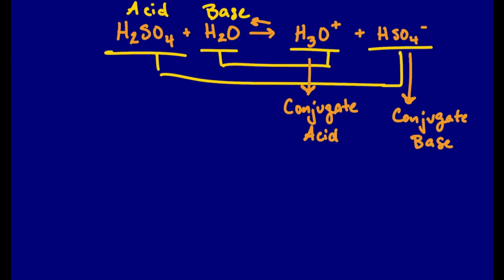So again, you want to think about it in the reverse direction. Is it going to lose or gain a proton? The positive charge will be indicative of an acidic property, and then the negative charge will be indicative of a basic property. So we can assume just based on the charges that they have, how they will act in the reverse direction.